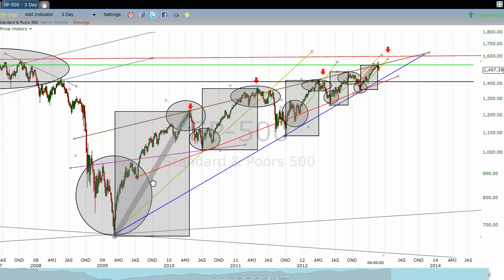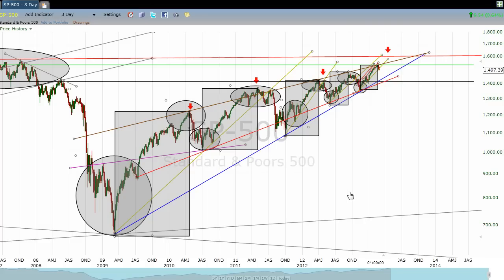I don't mean volume like number of shares, but volume as measured by the time it took for a rally to reach a top off of a bottom, and then the gains that were made during that same time.